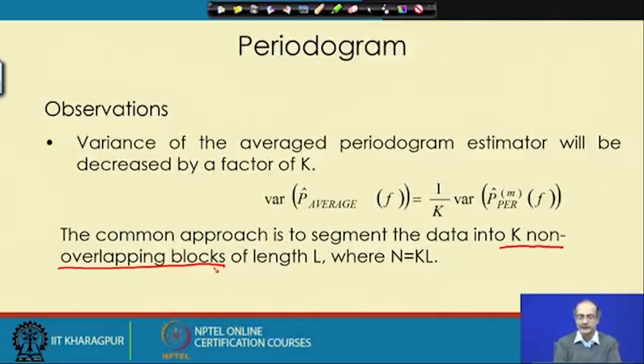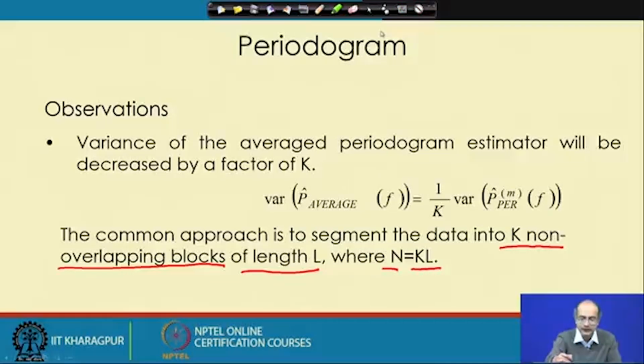So, we are taking k non overlapping blocks of length L. So, the total data n is equal to k into L. That means we are utilizing all the data given, dividing it into k non overlapping subsets.